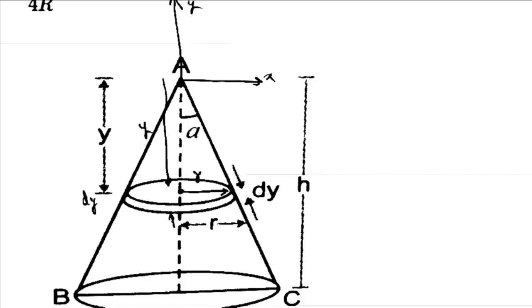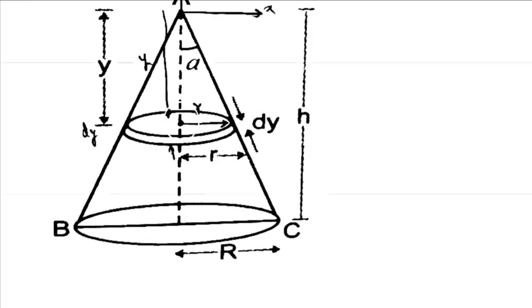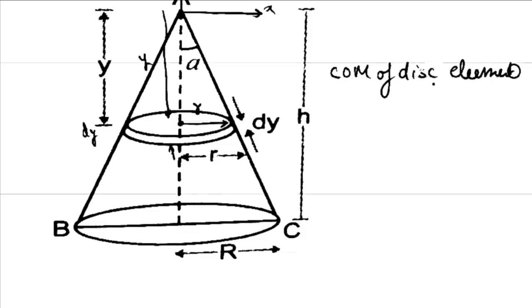So COM of disk element is 0 comma y, right?